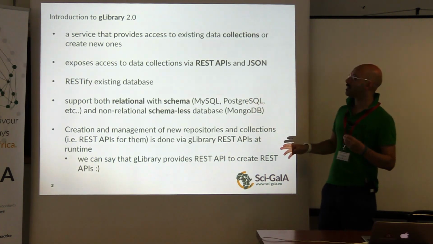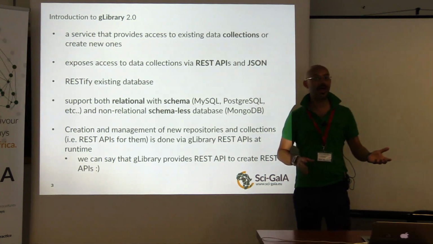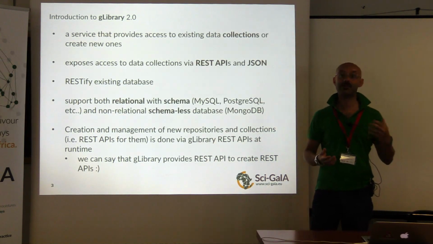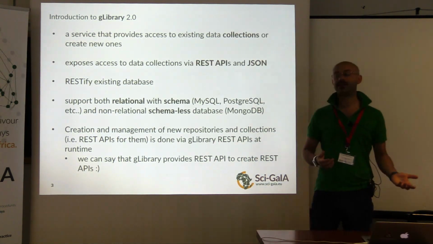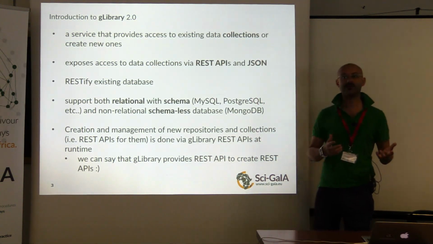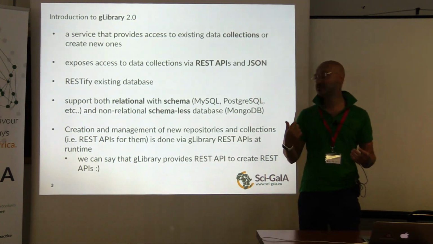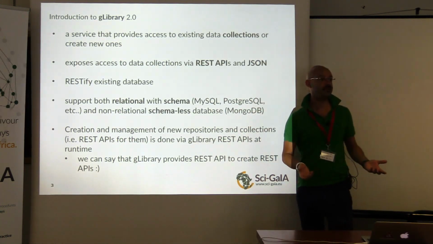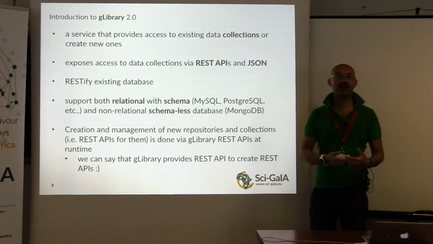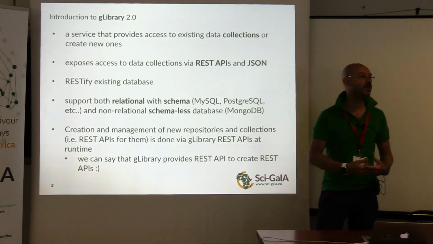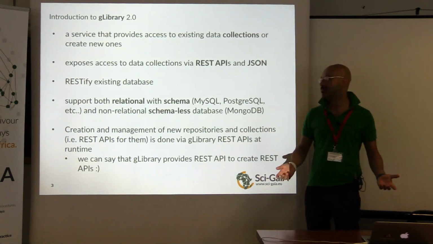We can use both relational and non-relational databases. This means if you have a MySQL database, a Postgres database, an Oracle database, you can easily expose your tables and your relations through those REST APIs. But it works also for schemaless, non-relational databases that are very common these days, like MongoDB, CouchDB, DynamoDB, and so on.